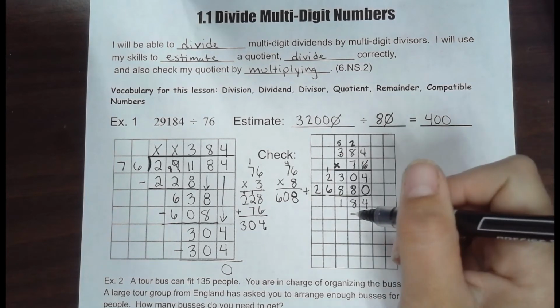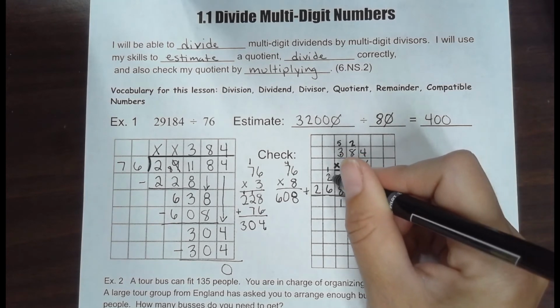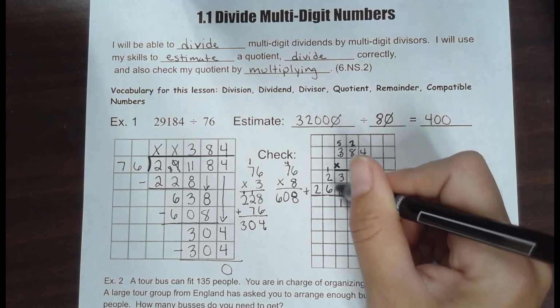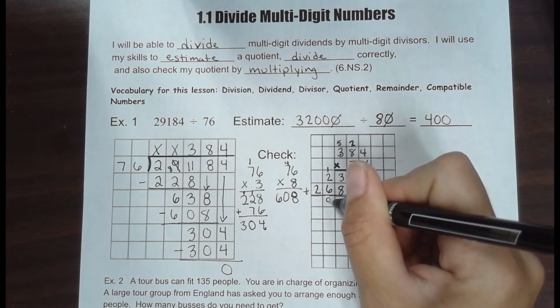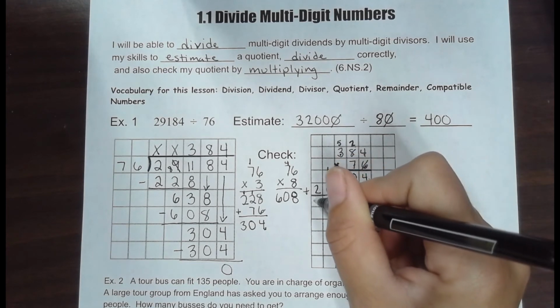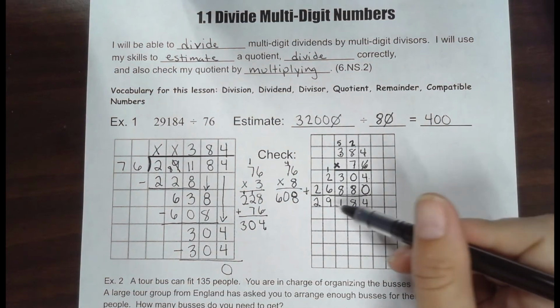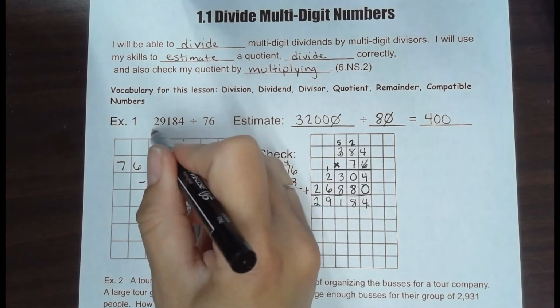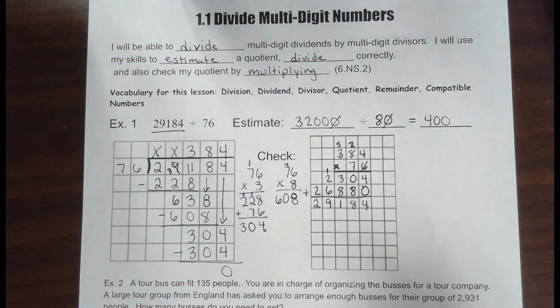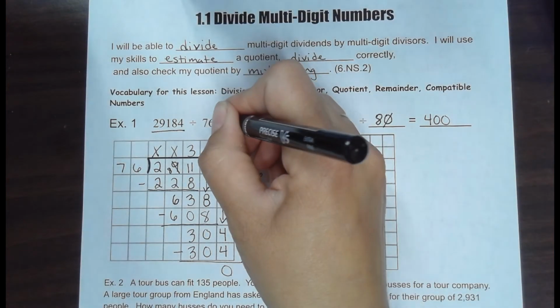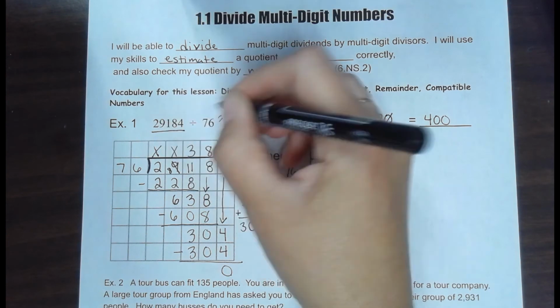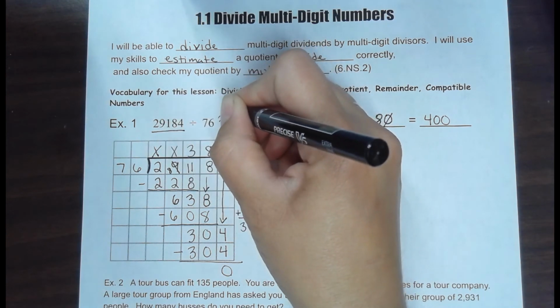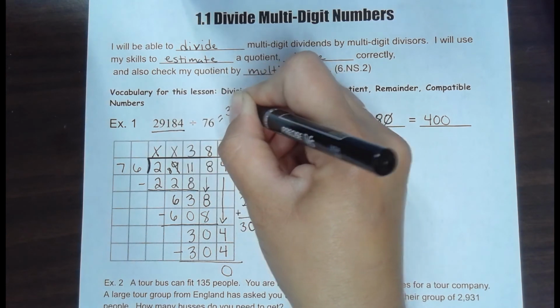Regroup 1 in the thousands place. 1 plus 2 is 3. 3 plus 6 is 9. And 2. This matches my original number. That tells me that my math is correct, and 384 is the correct answer. So 29,184 divided by 76 is 384.